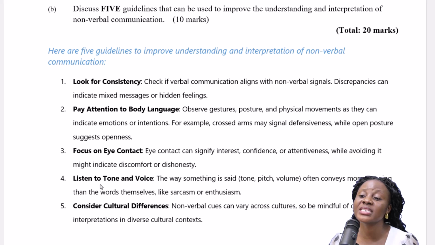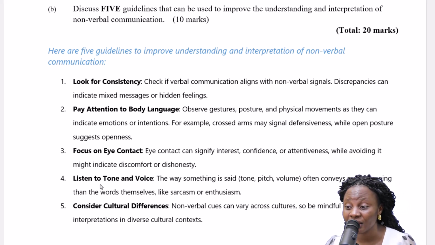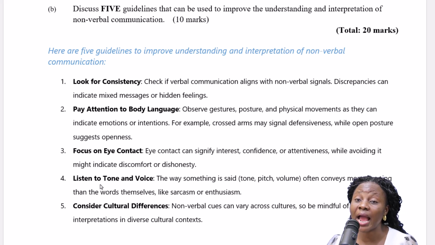And then also listen to the tone and voices. The tone and the voices you use normally change depending on what kind of information you are presenting. So always be attentive to the tone, always be attentive to the voices. That can also help you understand more what the person means in whatever communication he or she is making. And then lastly, consider cultural differences. Why? Because nonverbal cues can vary across cultures.